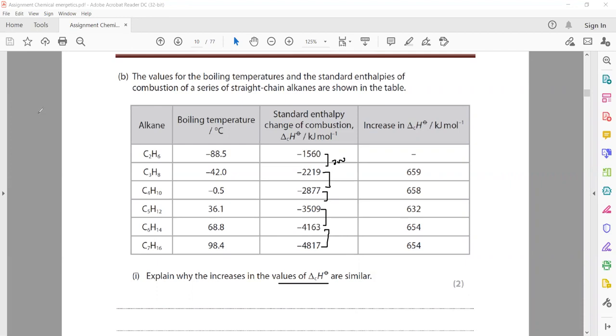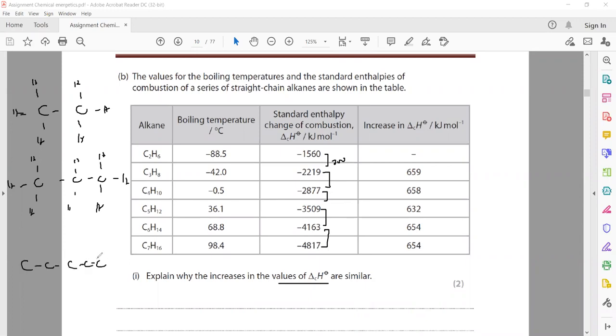When you draw the structure of ethane, eth means 2 carbon and 6 hydrogen. Prop means 3 carbon and 8 hydrogen, and but means 4 carbon atoms and 10 hydrogen.